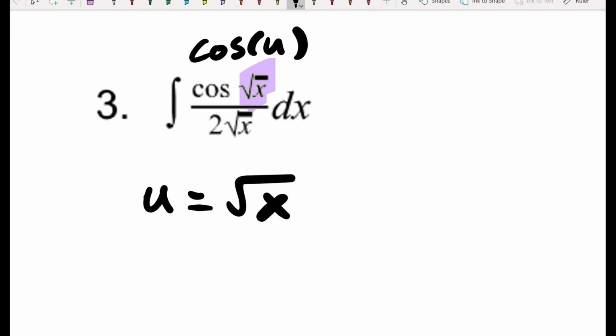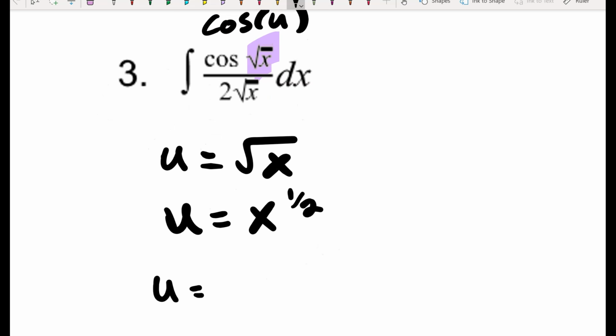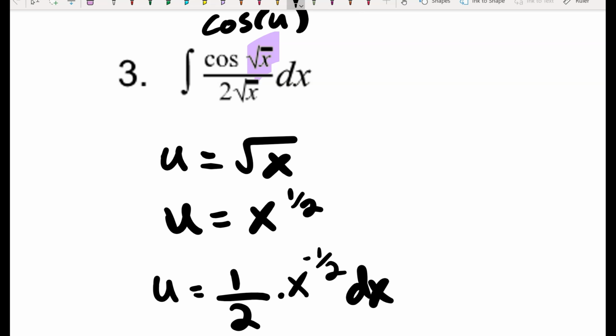Now to make it easier to differentiate, I'm going to change that radical to an exponent of 1/2. So u is really equal to x to the 1/2. And if I take the derivative of that, I could multiply by 1/2 and subtract 1 from the exponent. 1/2 minus 1 is just negative 1/2. Now again, that should be du, right, because I took the derivative.